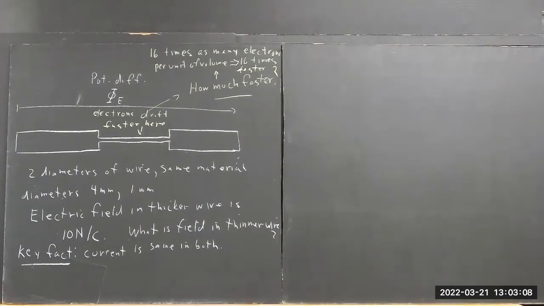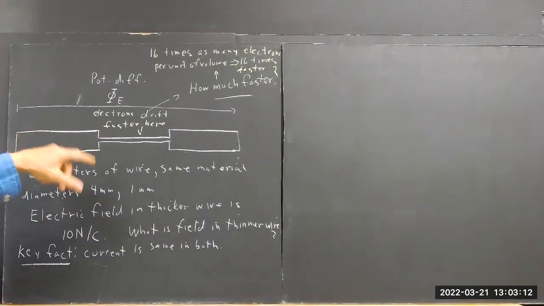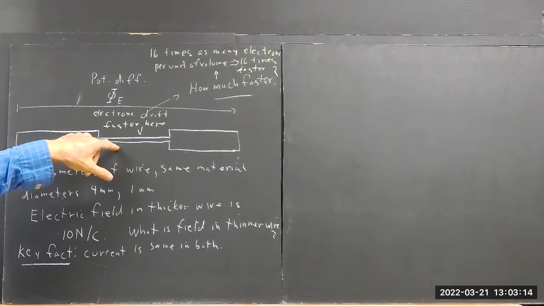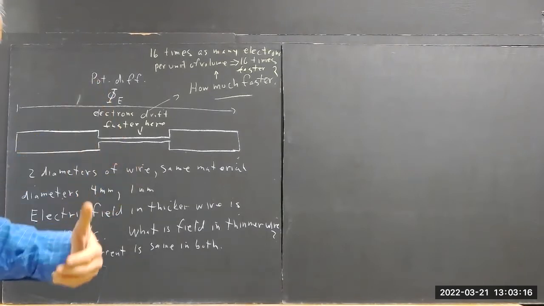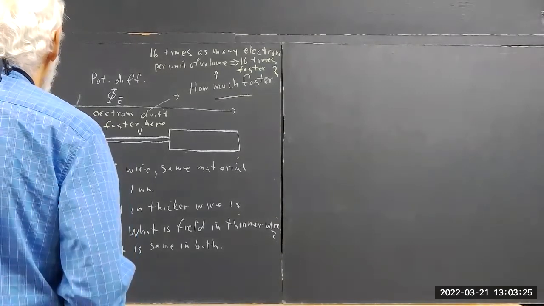Well, what it comes down to is how much faster. You've got 16 times the cross-sectional area here that you have here, because the cross-sections are circles. And I'm just going to make a quick note because we had some real problems with this.